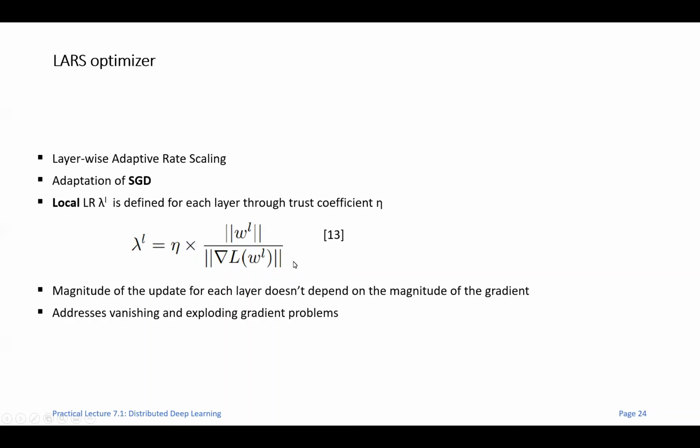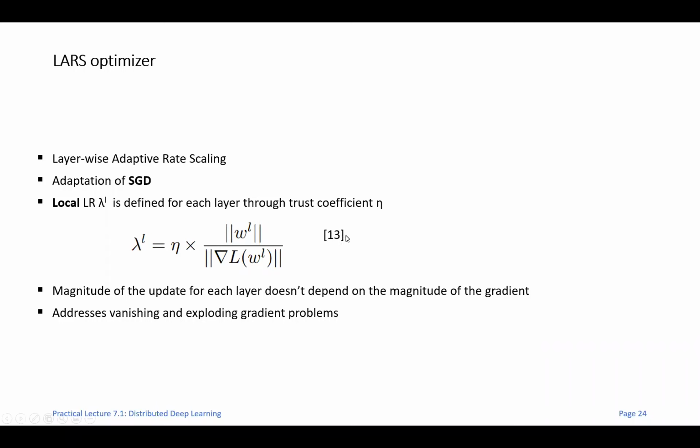For each layer of the model, you scale your eta, your original learning rate, by a ratio, which is the magnitude of the weights divided by the magnitude of the gradient of the loss function. In this way, in their paper, You and others in 2017 have shown that training can be done also with much larger batch sizes and much larger learning rates.